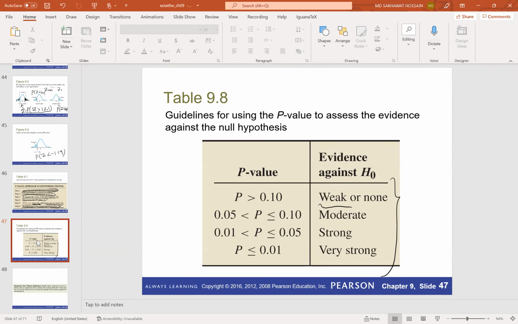If the p-value is 0.05 to 0.1, then we say this is moderate evidence against the null. If the p-value is between 0.01 and 0.05, we say strong evidence. That means we have strong evidence to reject the null. And if the p-value is less than 0.01, this is very strong evidence against the null. That's when we reject the null hypothesis.